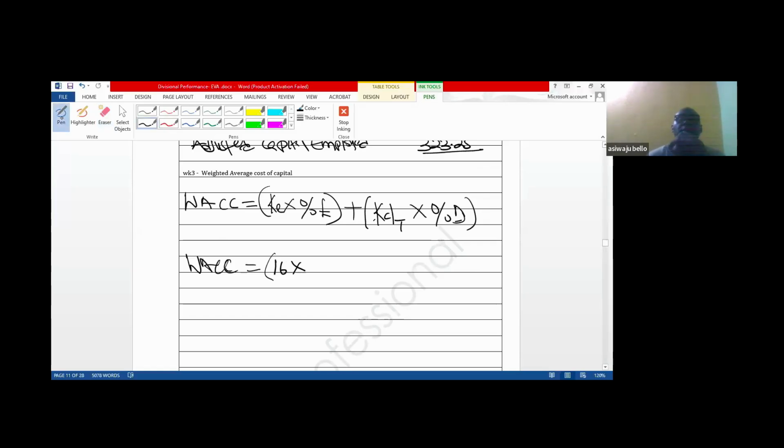Multiply by percentage of equity, 0.4. Debt pre-tax is 5%.